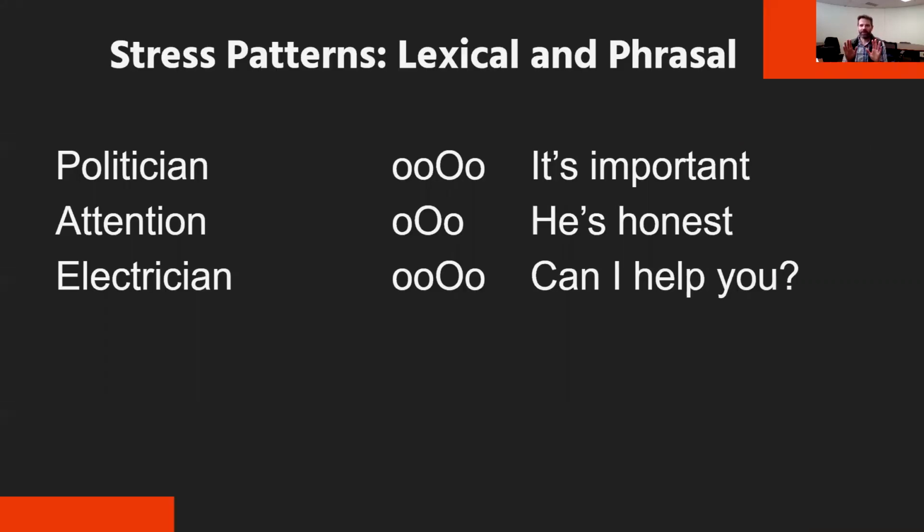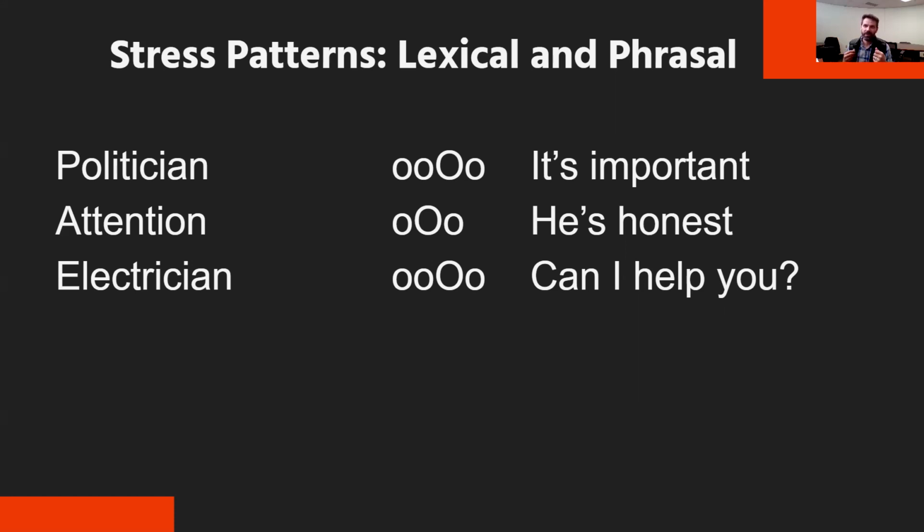So here we want to look at a comparison of lexical stress, word stress, with phrasal or sentence stress. So here are three words that have different stress patterns: politician, attention, and electrician.